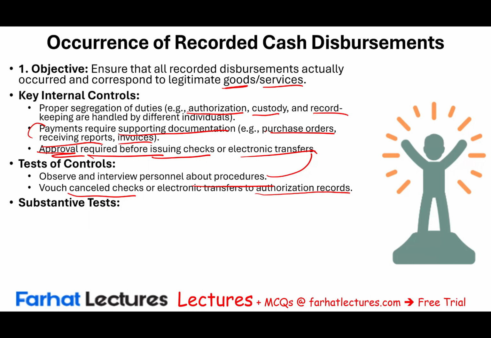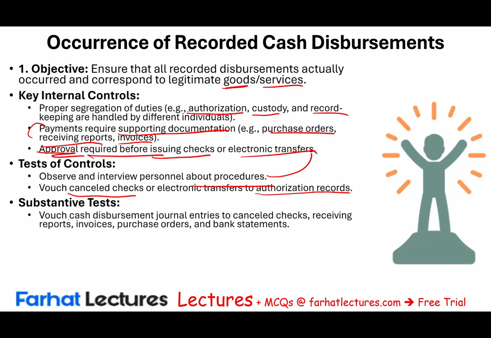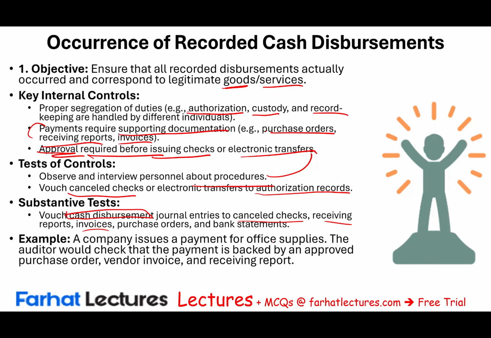Substantive testing, what I can do, I can take a cash disbursement journal entry and vouch it to canceled checks, receiving report, and invoice. So I would look at a cash disbursement. I'd say, okay, let me see if I have the support and documentation. I'll vouch them back to the canceled checks, receiving report, invoice, and bank statement to make sure it's there. For example, a company issues a payment for office supplies.